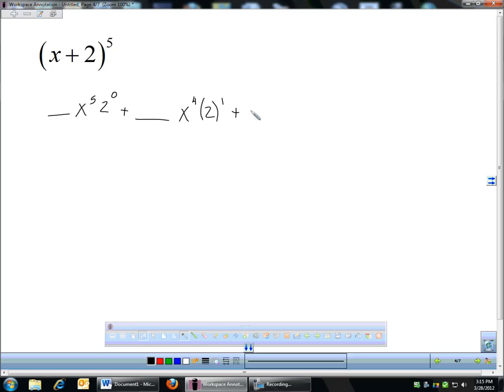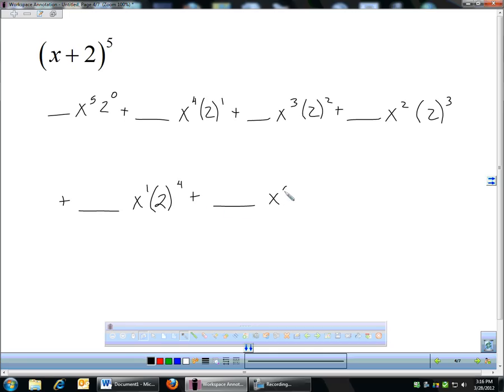So 2 to the first, plus something, x is going to go down by 1, 2 is going to go up by 1, plus something, x is going to go down by 1, 2 is going to go up by 1. And then finally, x is going to go down by 1 to 0, my exponent on 2 is going to go up by 1 to 5. And then we'll fill in the rest of it.